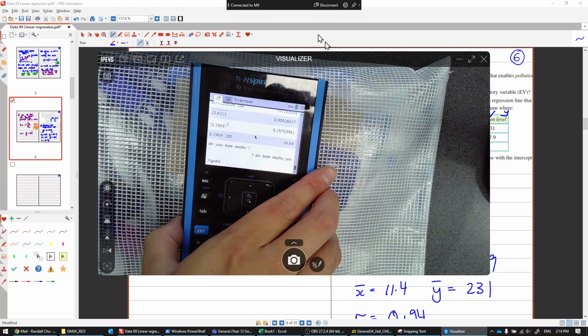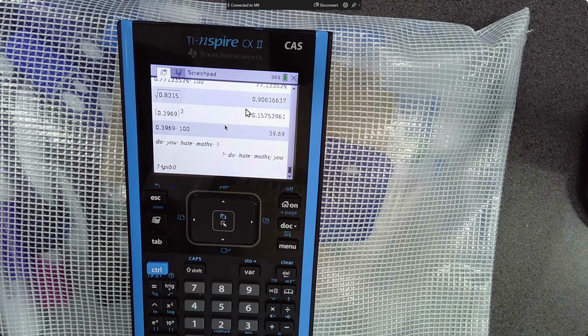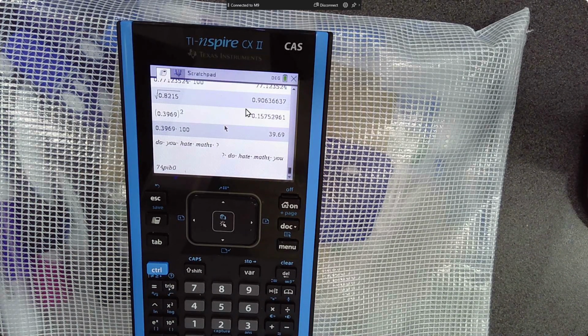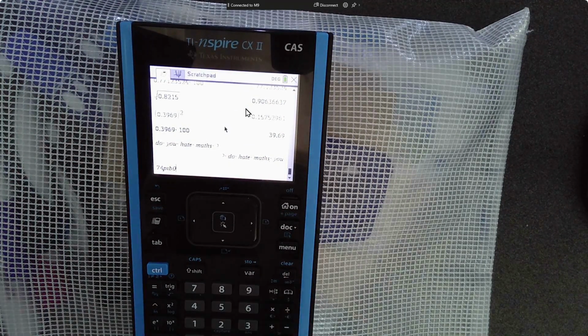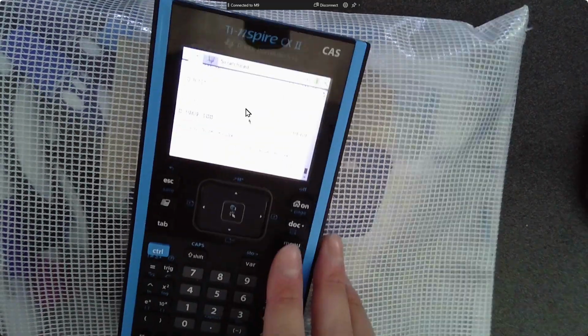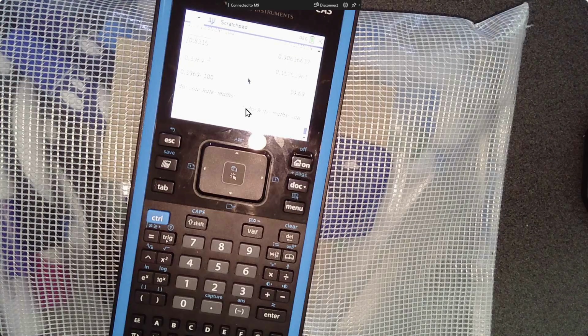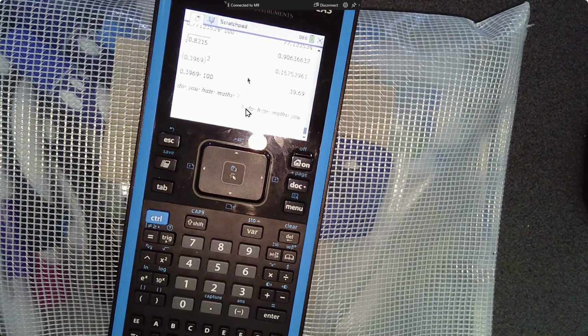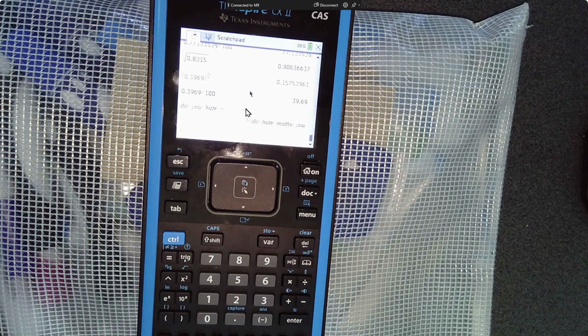Alright, can you see that? You hate maths. I reckon just leave the lights on. It was clearer.